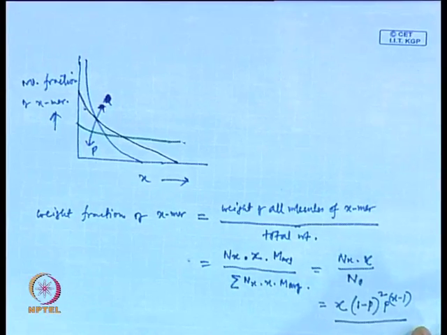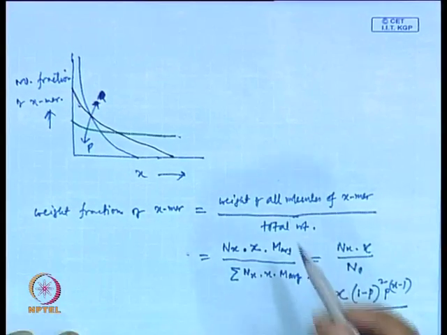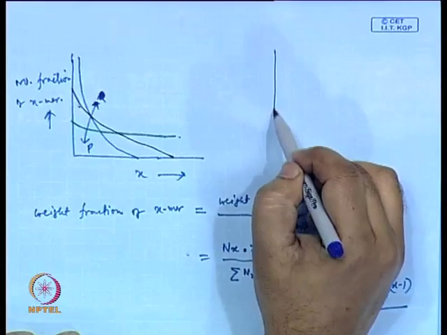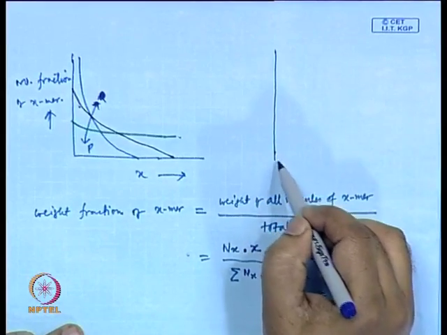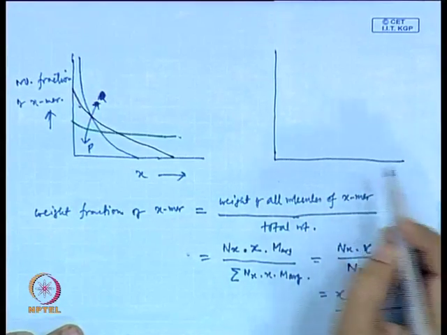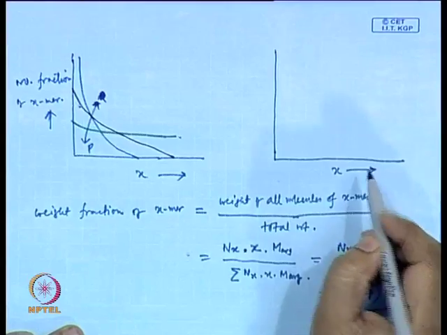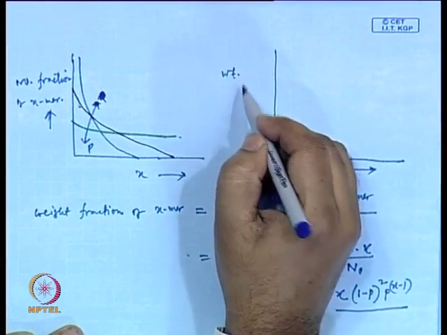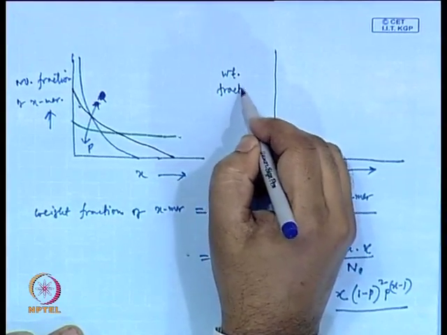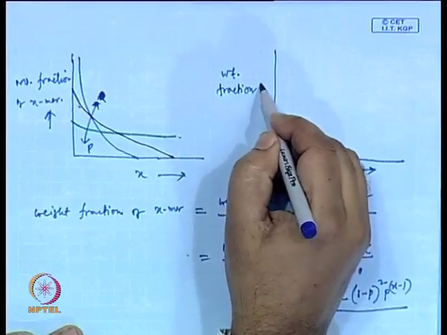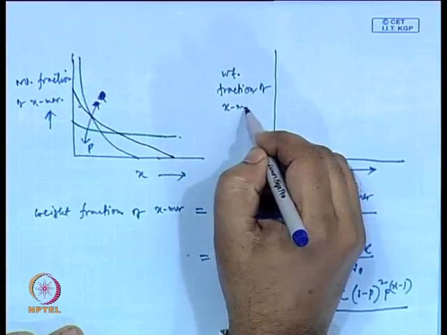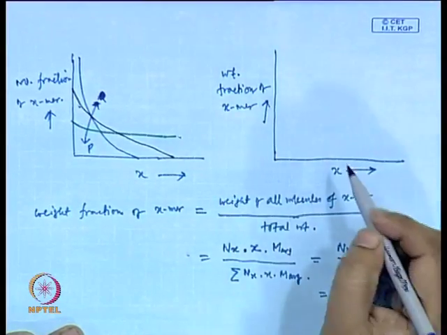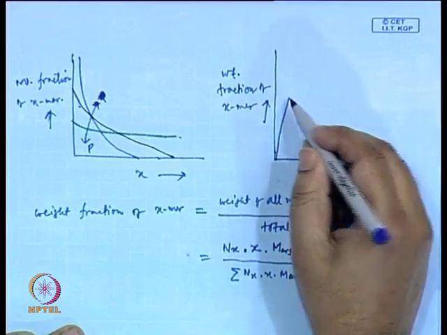Now, how will a plot look? If I plot the weight fraction of x-mer, it will be something like this.